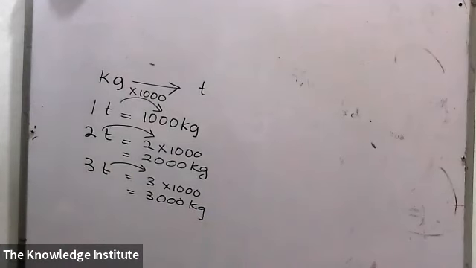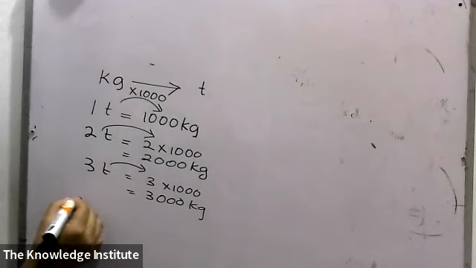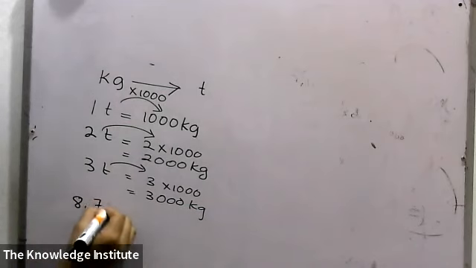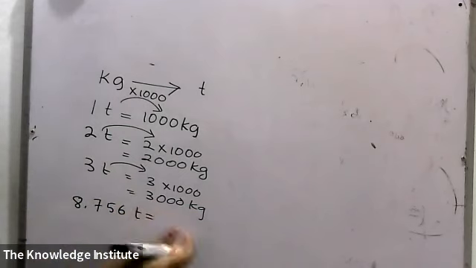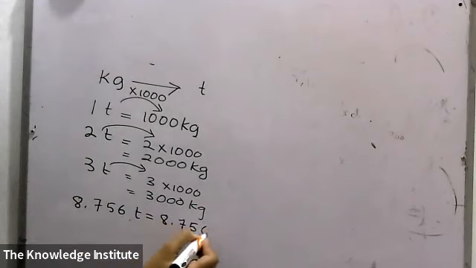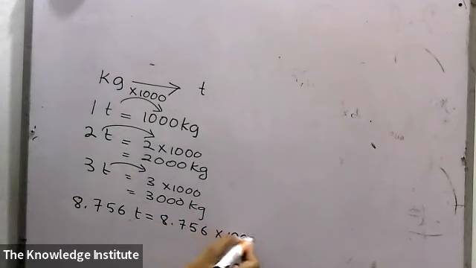But if you have decimal points, how are we going to convert it? Let's say we have 8.756 tons. They are telling us to convert it into kilograms. So you know that we have to multiply 8.756 with 1000.